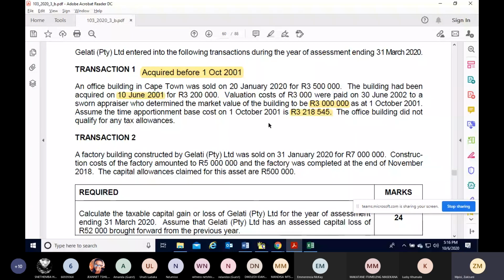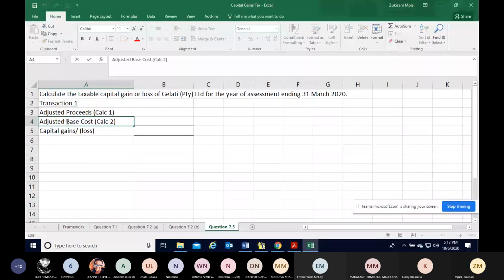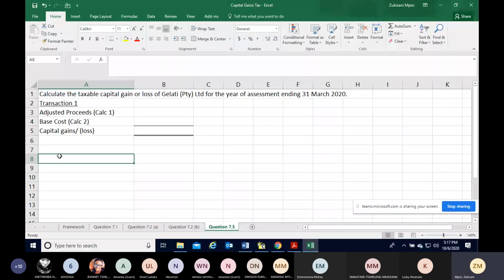The office building did not qualify for any tax allowances. This is the best thing to hear, as it makes our calculations go extremely smoothly. So we're looking for the adjusted proceeds less base cost to get to the capital gain or loss for transaction 1. So what is transaction 1? It's an office building.